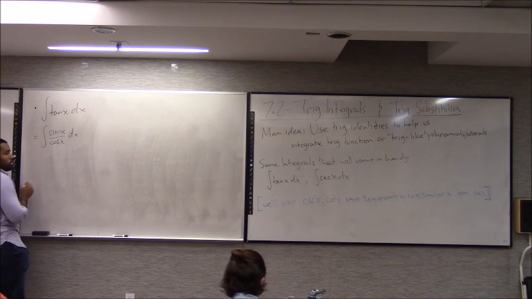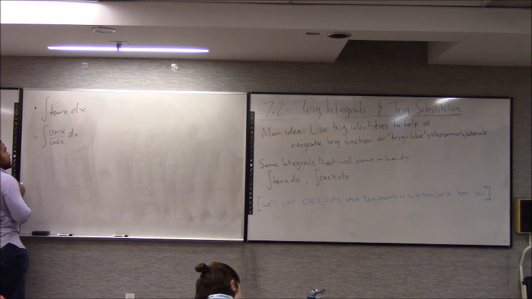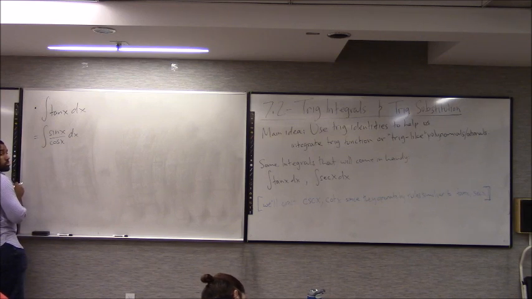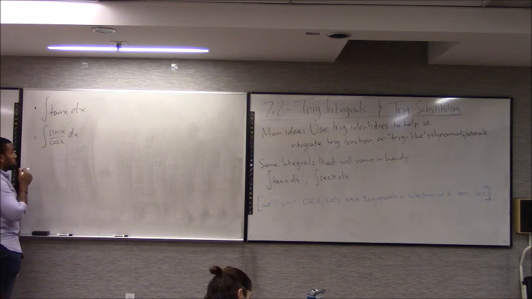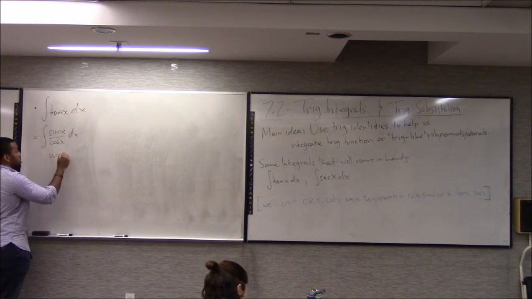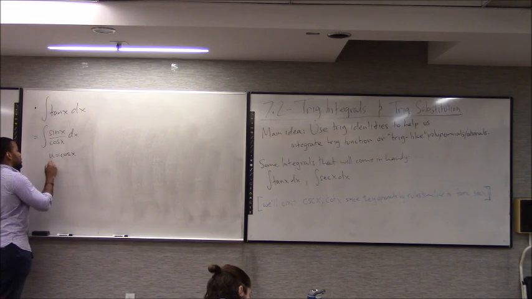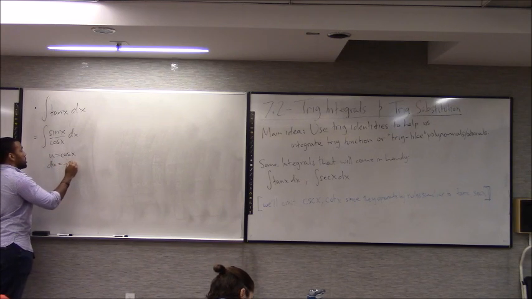Well, think about why. Let's say you're faced with doing that. How do you actually do that? Use substitution. What would you substitute? Use cosine. Then du would be negative sine. That's where we are.